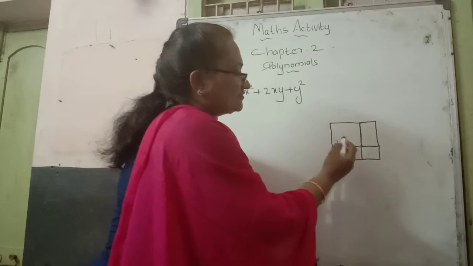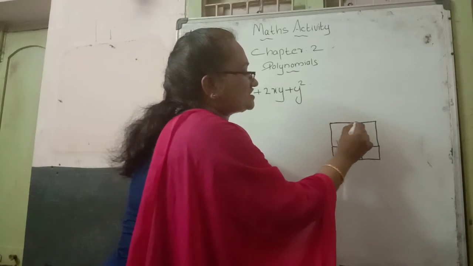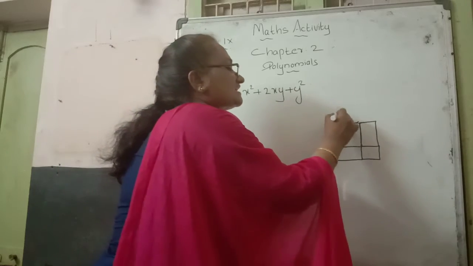Then what is the side of this big square? We consider it as x.